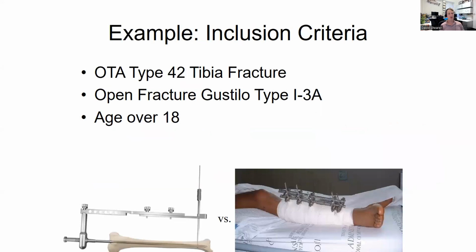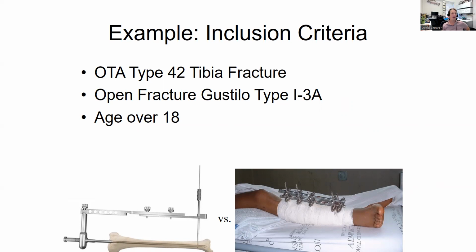Just coming to our example, in this case, we've specified our inclusion criteria: OTA type 42 tibia fractures. We're going to focus on the shaft fractures because tibial plateau fractures and pilon fractures might behave very differently. The treatments are very different. We can't really use nails in all cases and things like that.